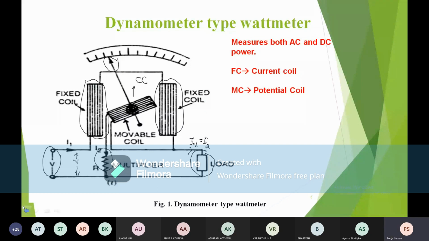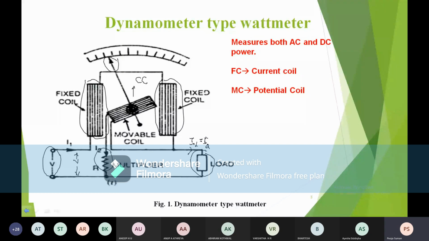And why do we call that a current coil? As the fixed coil is connected in series with a load and it will carry the load current IL, we call it a current coil, because the main purpose of using a measuring instrument is to determine the voltage, current and power in the load. So as the fixed coil is connected to the load, we call that a current coil.